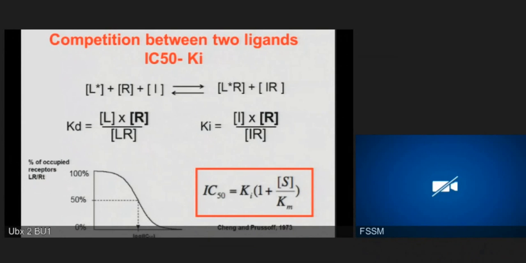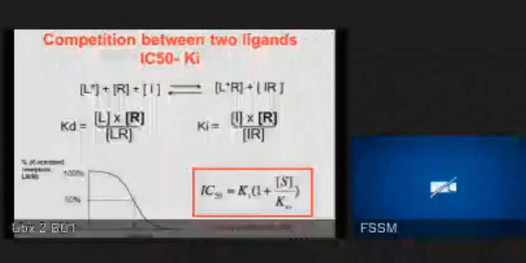And this is a famous equation that you have to know from Cheng and Prusoff. They were interested in, I don't know, bacteria and antibiotics, something like that. And for screening, because this is screening, they developed this methodology.